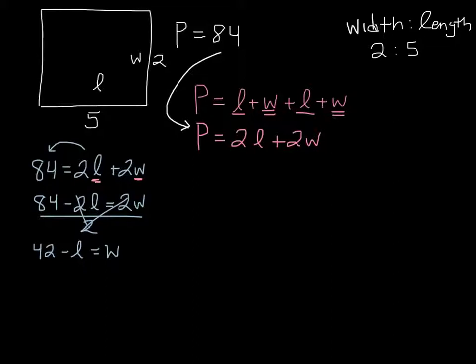So if I wanted to set up a proportion, I could say that 2 is to 5 the same way the width is to the length. Now this presents a bit of a problem because right now I've got two variables, the W and the length. So I can't write a single algebraic expression to solve for one or the other.